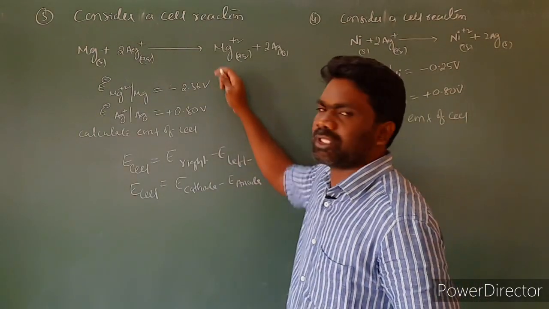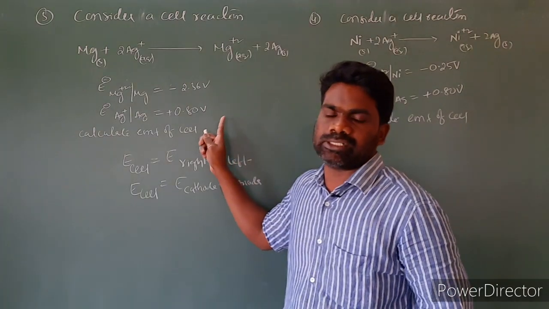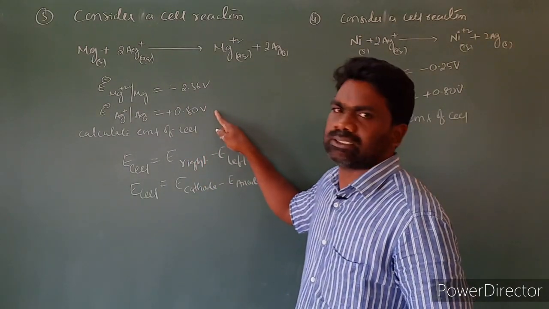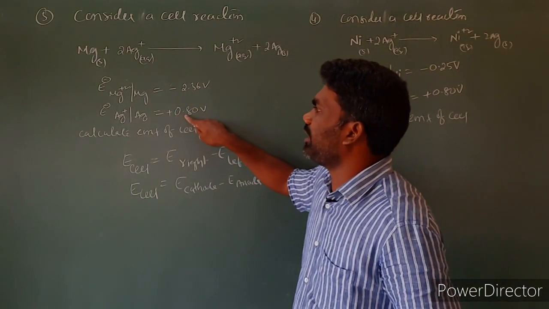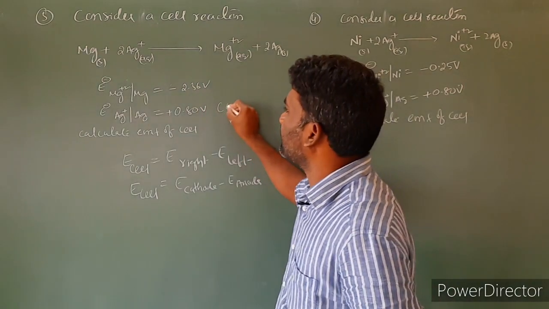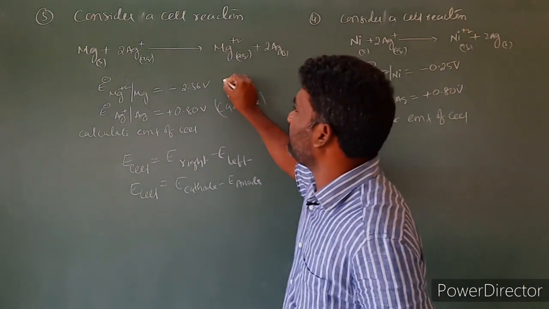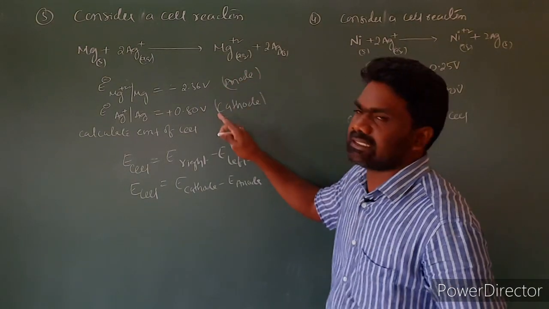I already said the short method: the highest value of standard electrode potential is taken as the cathode. Compare these two, minus 2.36 and plus 0.8. This is the highest value, so we take it as cathode and the lowest value as anode.